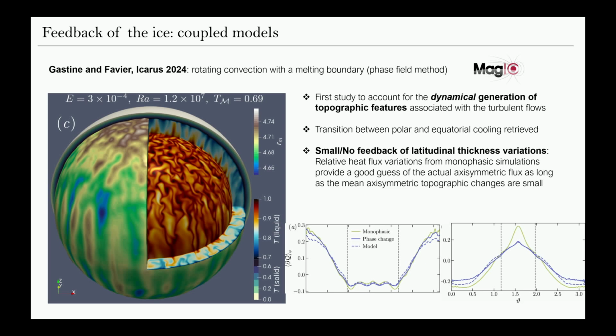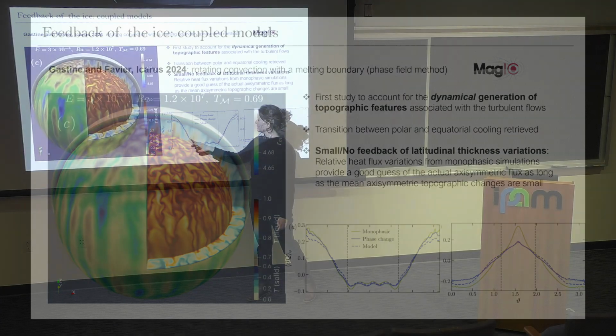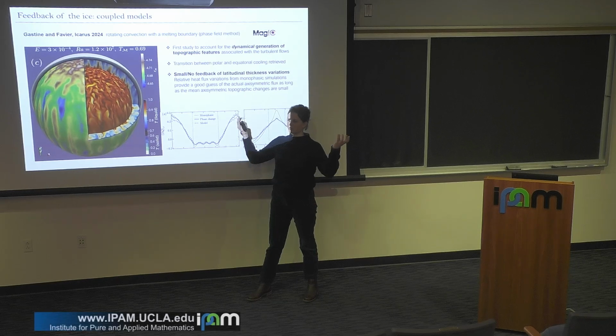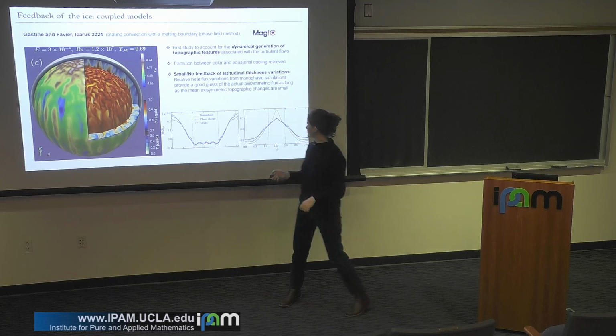So again, this is quite consistent with what I was describing earlier. They run a two-phase model, which is the thick continuous blue line, and a monophasic model without ice, which is the green line. Basically, you get the same heat flux at the top of the ocean. So there's no feedback of the topography on the convection, at least in terms of the latitudinal heat flux difference.